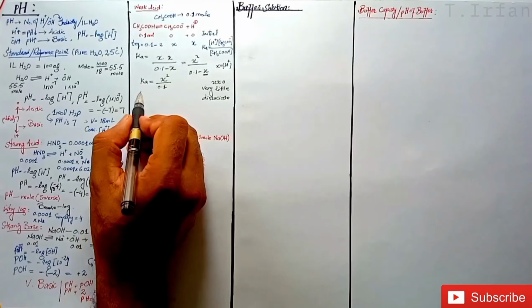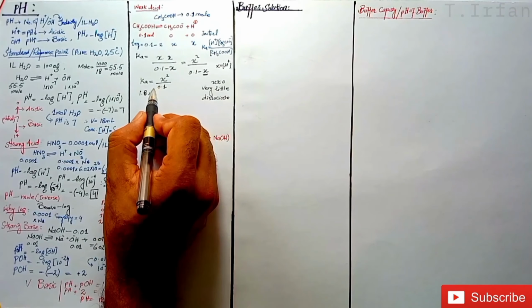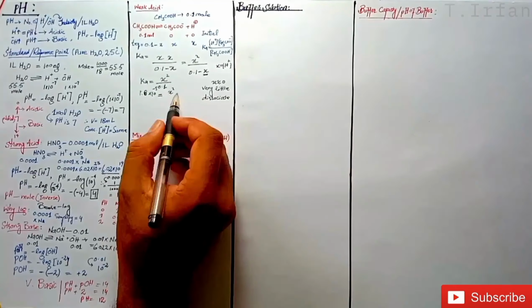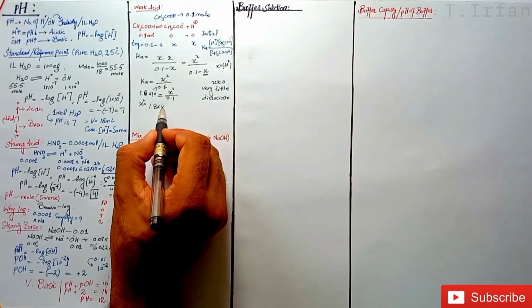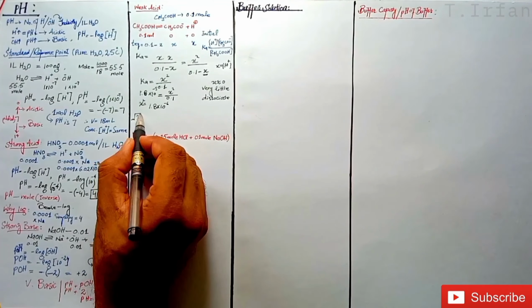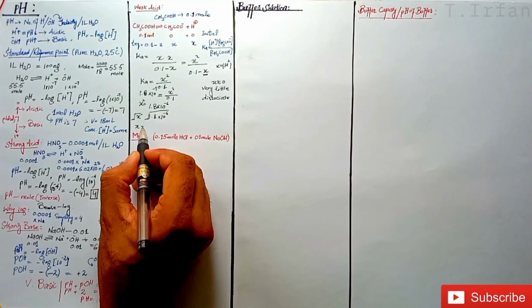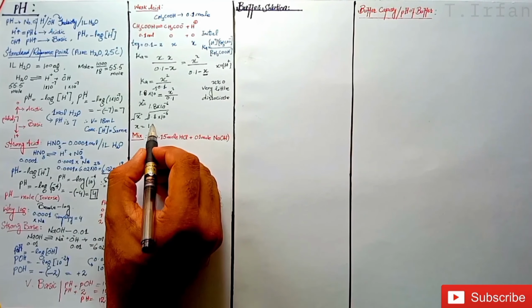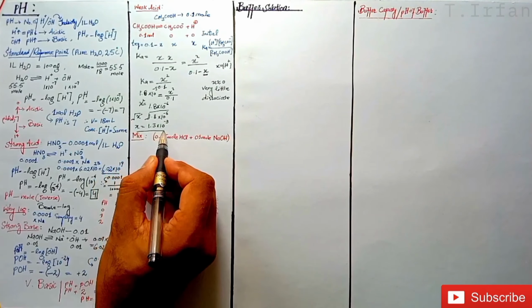Now by putting the value of the acid constant, we can find out the value of X, which is the number of moles of hydrogen ions. By simply solving, we can find out the value of X, which comes out 1.3 cross 10 power minus 3.